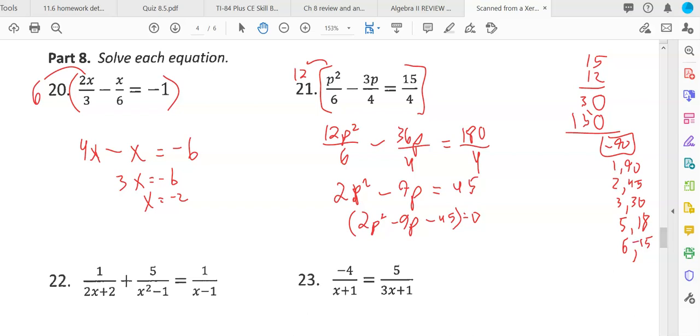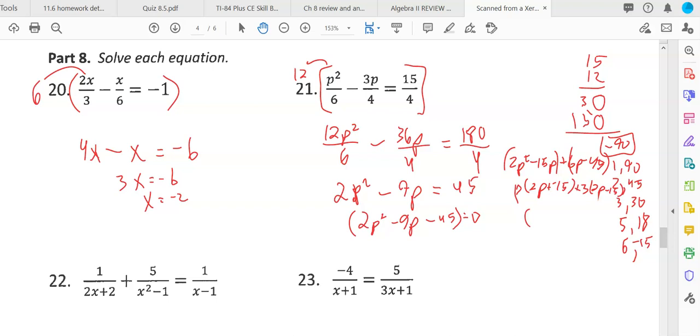Okay, so I'm using the AC method here. So it's going to be 2p squared minus 15p plus 6p minus 45. So I'm grouping the first two, grouping the second two. So I get, let's see, p times 2p minus 15 plus 3 times 2p minus 15.